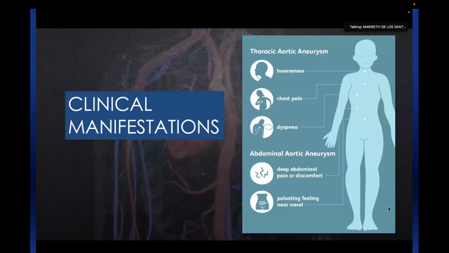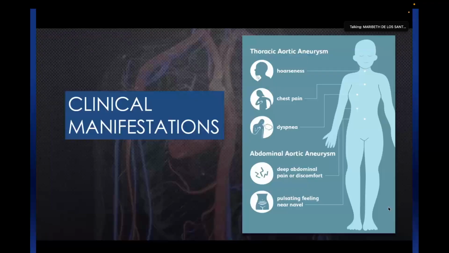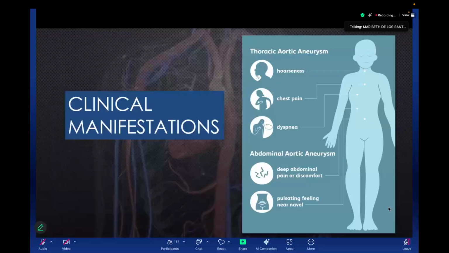However, compression or erosion of adjacent tissue by the aneurysm may cause symptoms such as chest pain, especially if it involves the ascending portion of the aorta. Shortness of breath, cough, hoarseness, and dysphagia.